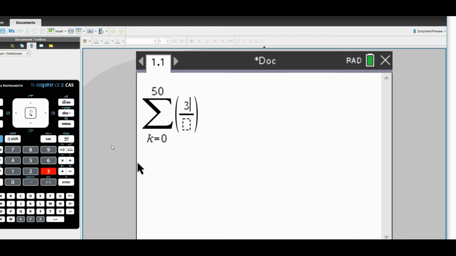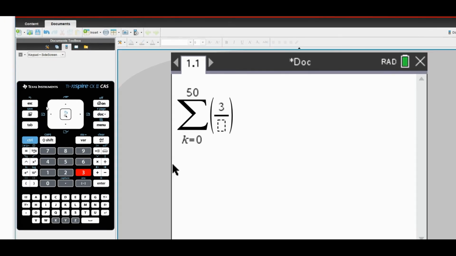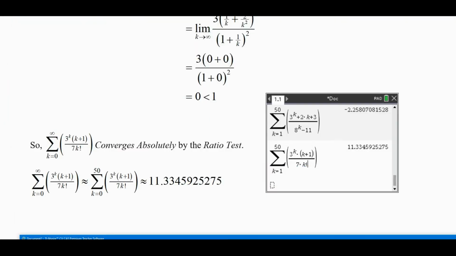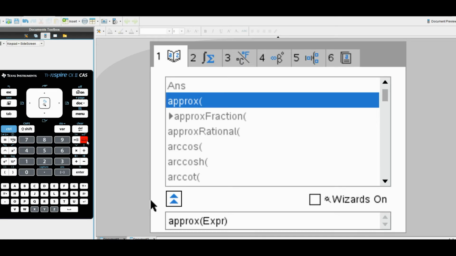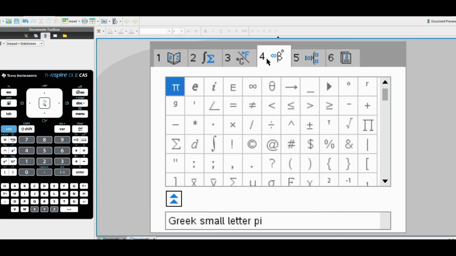So let's put a fraction in there. A 3 to the power k. And get out of the power, parentheses k plus 1. And the denominator is 7k factorial. 7 times k factorial. I could get the factorial probably from some symbols here.